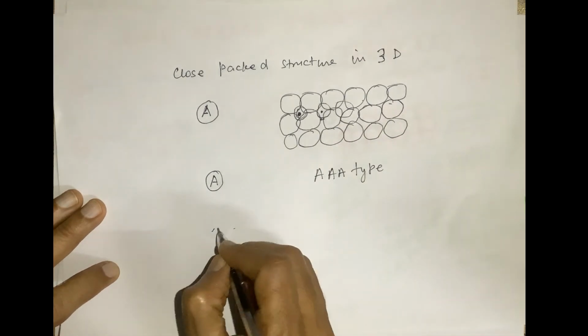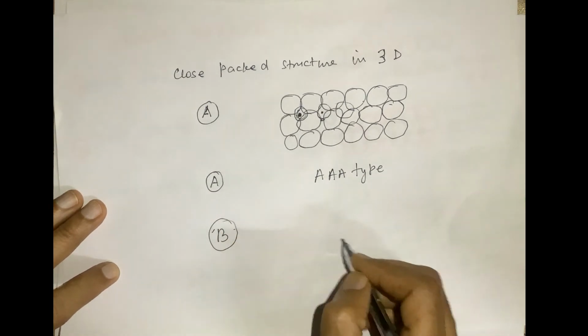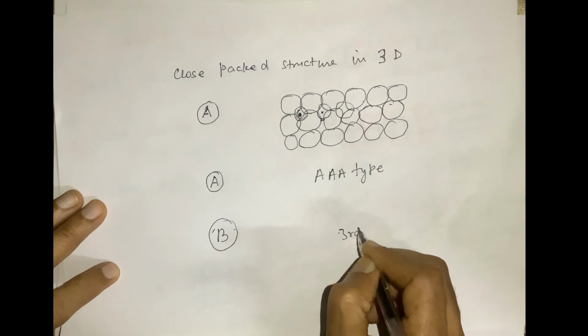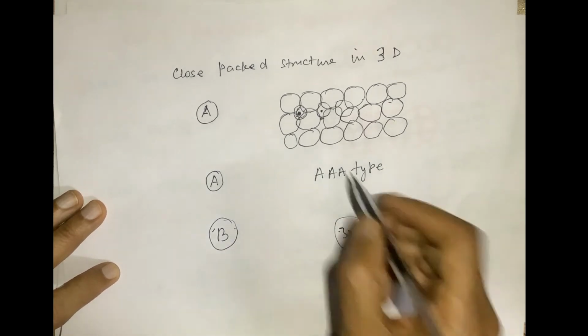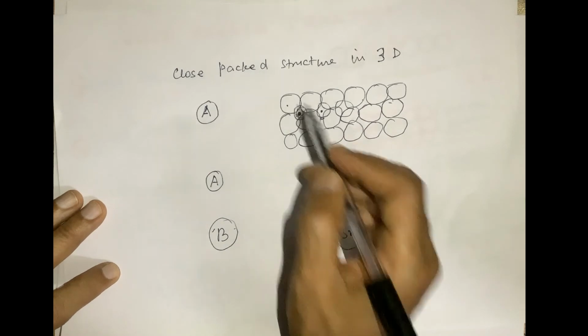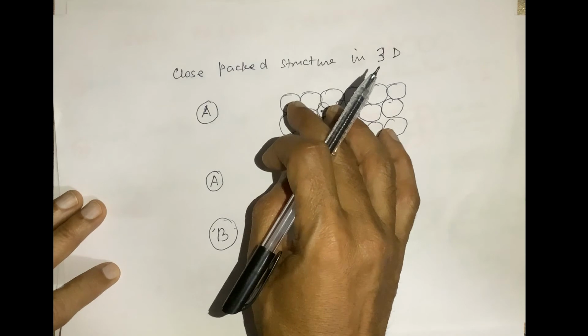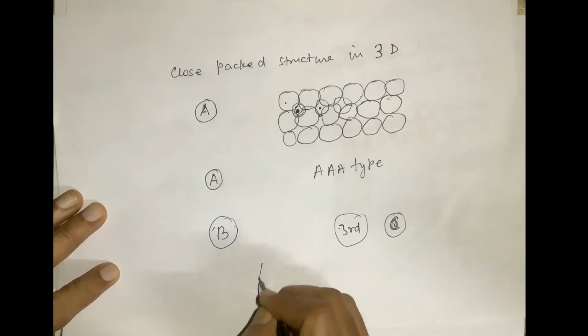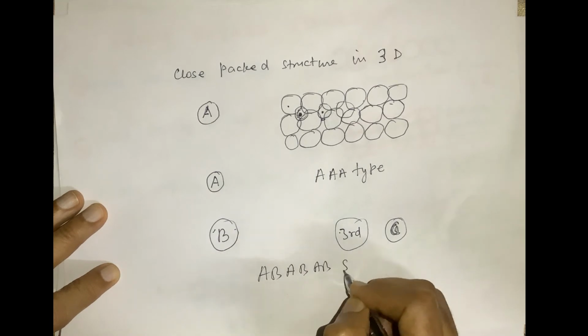The second layer B is created, and if the third layer is aligned with the A, if the third layer particles are aligned with the first layer A layer particles, then we say that it is AB structure.